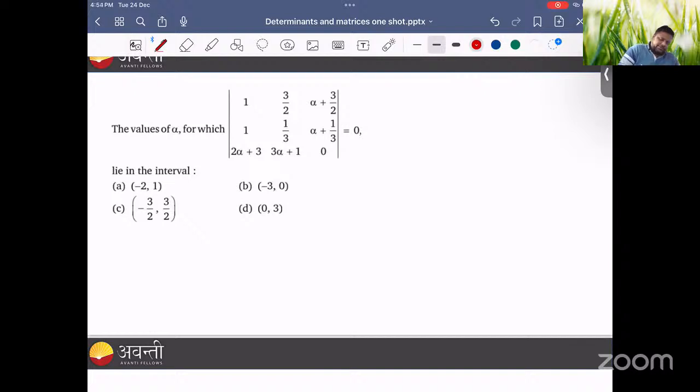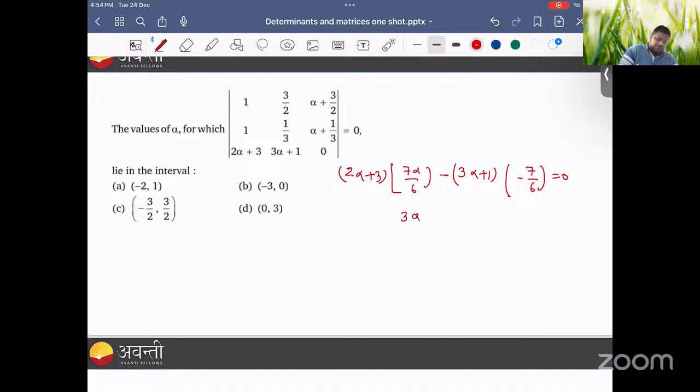Now let's do it. So if I simplify it, I get 2 alpha plus 3 into 7 alpha upon 6 minus 3 alpha plus 1 into minus of 7 by 6 is equal to 0. If you simplify it, you get a quadratic in alpha.